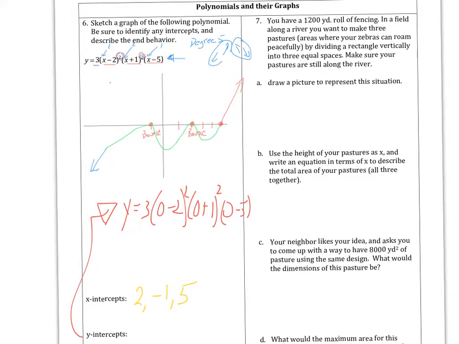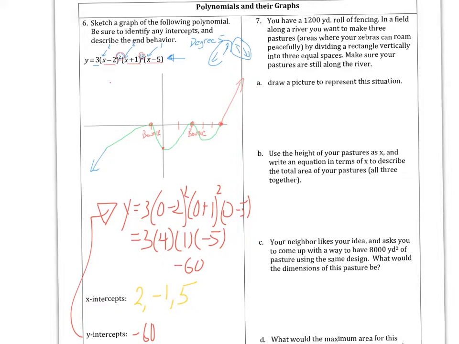And once I do this out, we get 3 times negative 2 squared is positive 4. 1 squared is 1. And we get 0 minus 5 is negative 5. 3 times 4 is 12, times 1 is 12, times negative 5 is going to be negative 60. So y-intercept is negative 60.